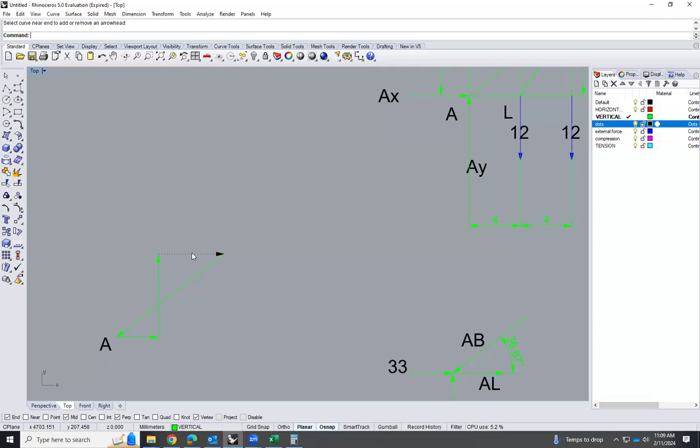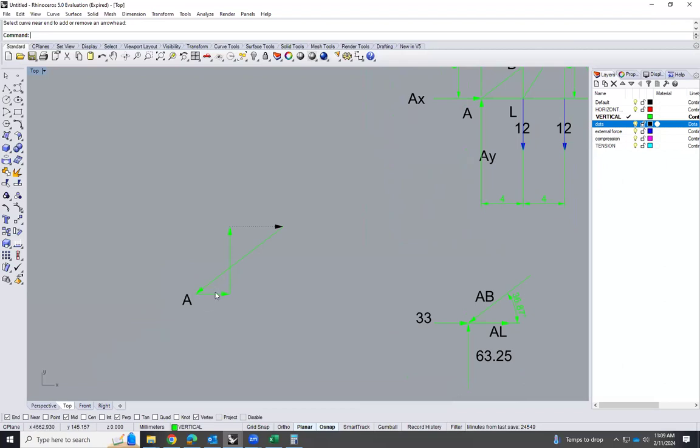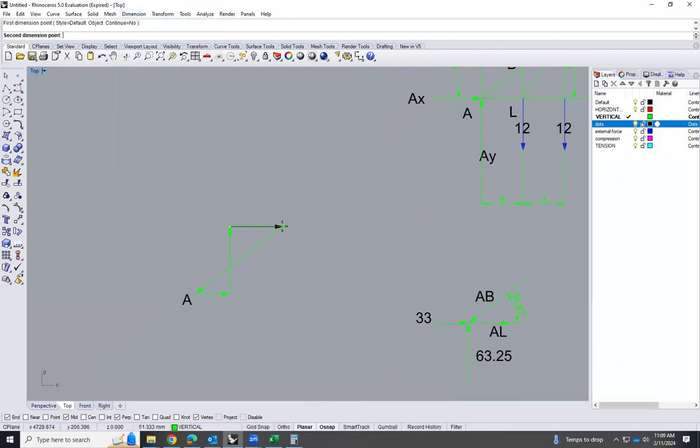So that would be AL, the horizontal one, and then AB is the tilted one with that angle. If I take the dimension now, this is 51.3, and this has to be 105.4.